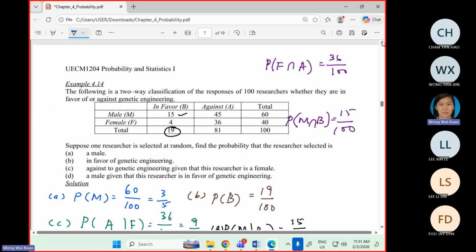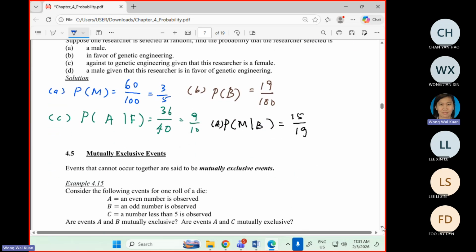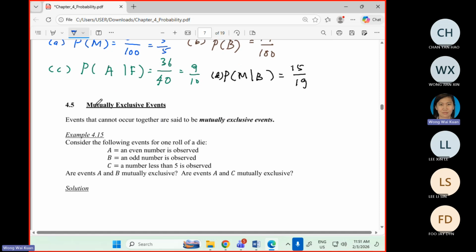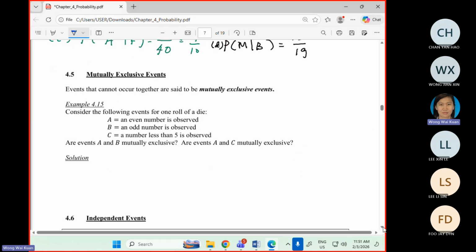Okay. Then after we have this type of probability, the next thing is you want to know what is a mutually exclusive event. Mutually exclusive events are the events that cannot happen together. They cannot happen together. Okay? So this is one of the simplest examples. That is, I have rolling of a die. Okay? So A is an even number observed.